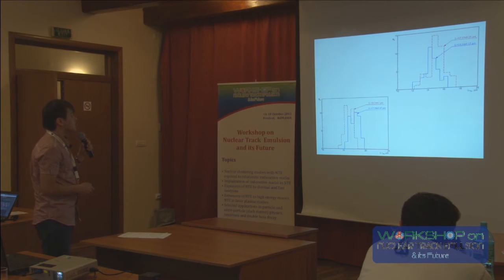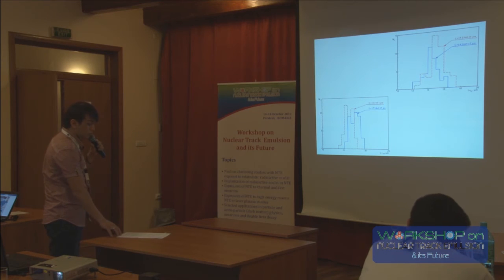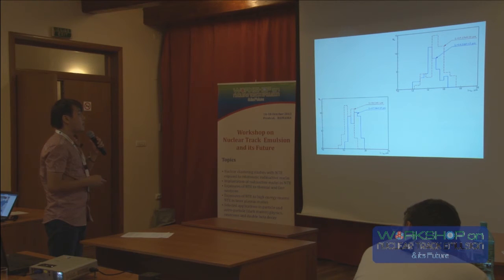This slide presents the average length of 40 measured beam tracks. The red is a fake length because we used previous information about the thickness of the emulsion, and these results were not right.